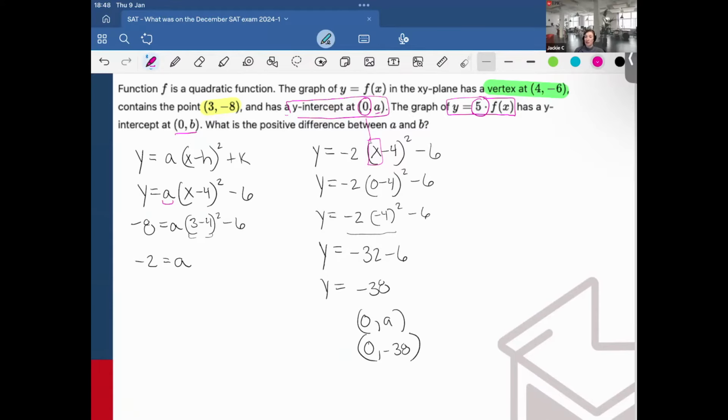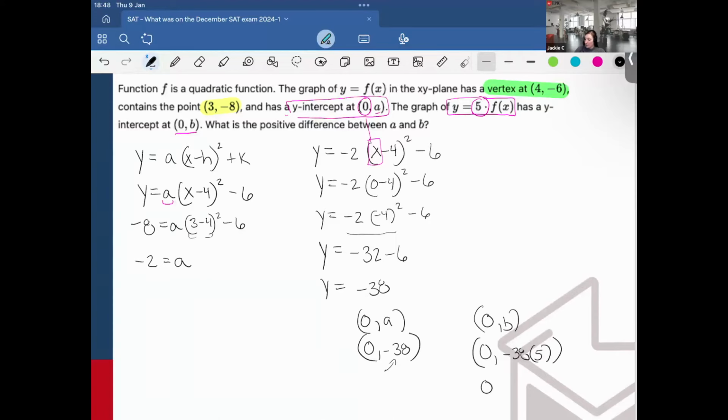So x values are staying the same, and every single y value is going to be multiplied by 5. So I don't have to really do too much further. If I want to get (0, b), I know that if the y-intercept here is -38, in a graph application of being multiplied by 5, it will be -38 times 5.